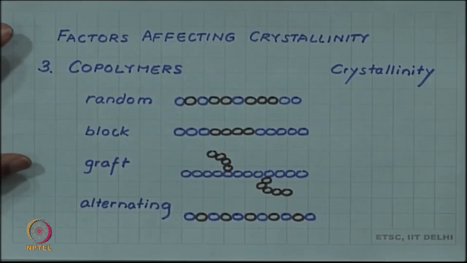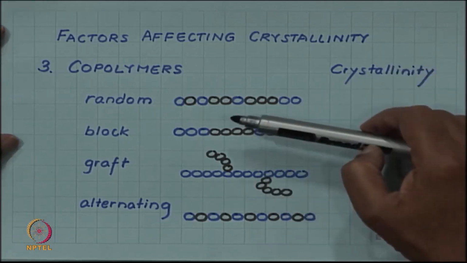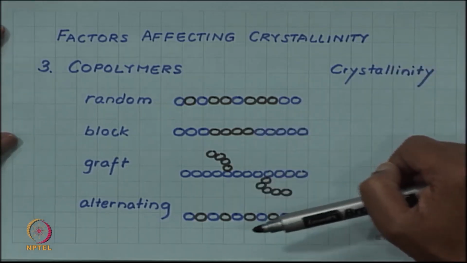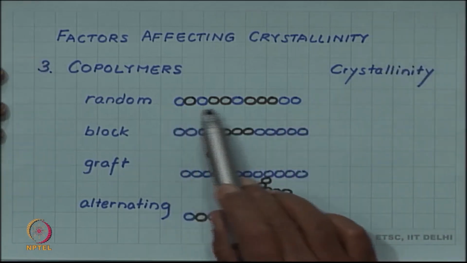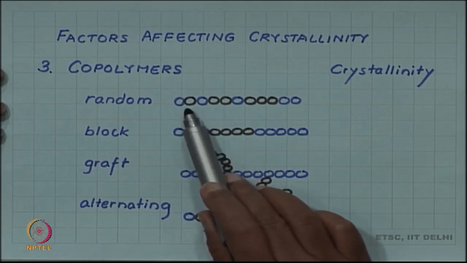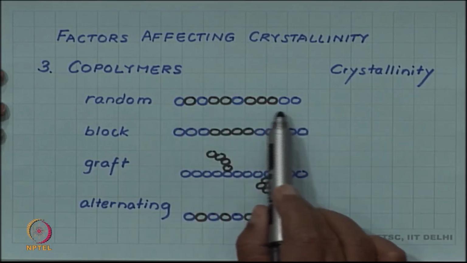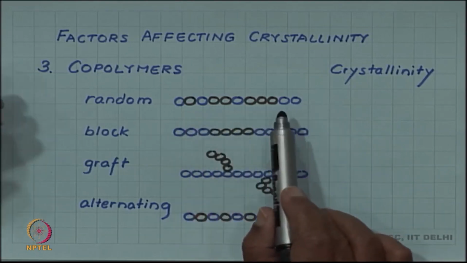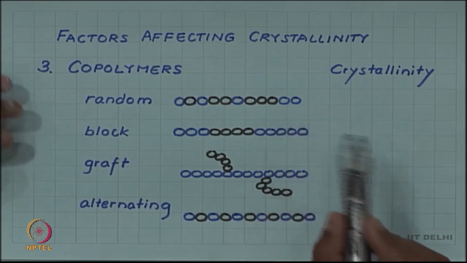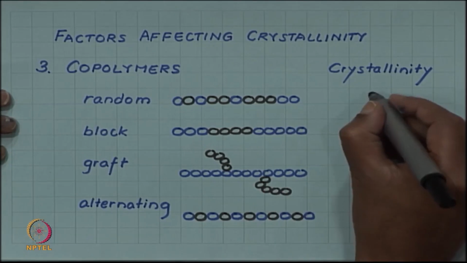Now, if you have copolymers, we discussed a variety of copolymers: random, block, graft and alternating. You can see that in a random copolymer, the black and the blue circles represent monomers. The monomers come in some sort of random sequence. So, a given chain itself has a random arrangement of monomers, and crystallinity is much less likely.